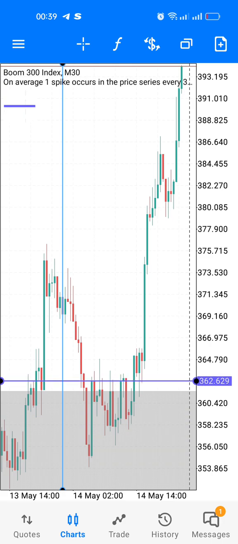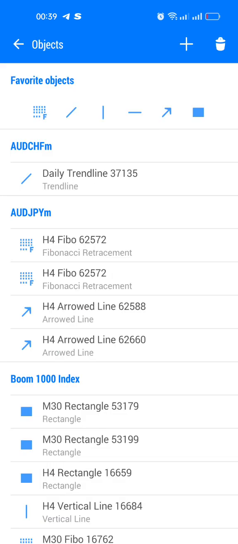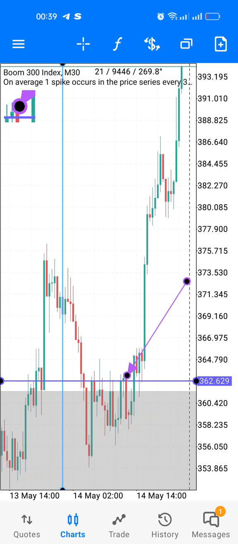It didn't close here. Oh, this smaller candle here. But if I use a D1 base and a 30-minute, I go for at least TP2. So this is the CB1, this smaller candle.